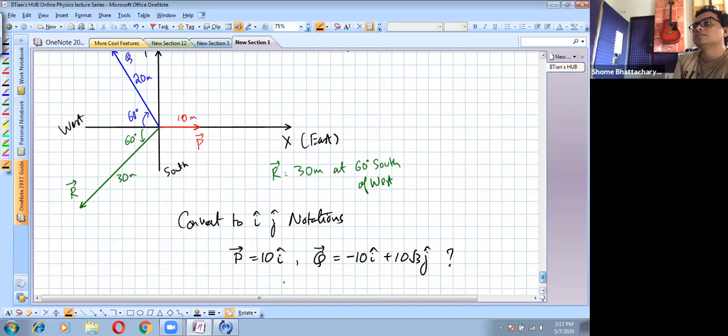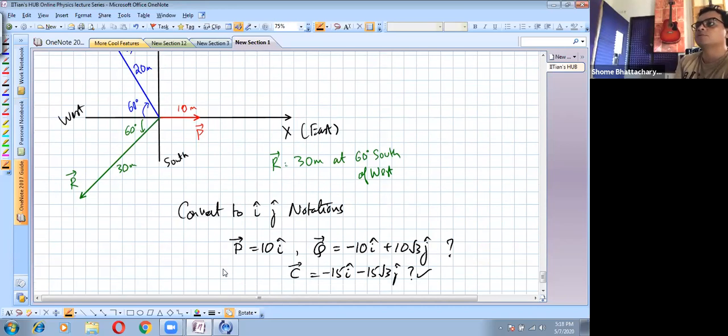Yourself. Okay. And similarly, the vector R will become minus 15 I cap minus 15 root 3 J cap. So again, when you are revising this, verify that this should be correct. And from this now, solve the options. So finally, from this, solve the options.